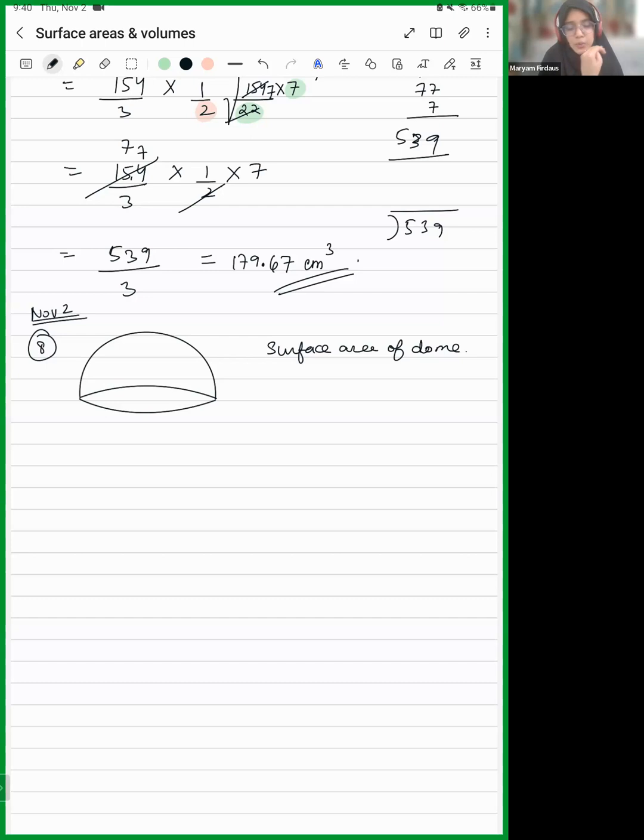No, ma'am, I don't. You don't know. Okay, no problem. Please flip to the pages where we did surface area of a sphere. Flip your notebook to those pages, where you have written surface area of a sphere, and from here, tell me.